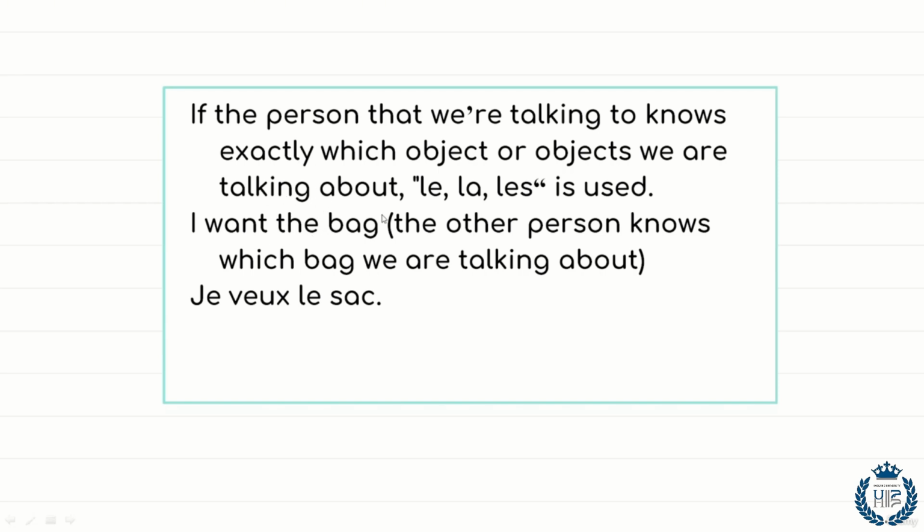I want the bag. I'm not saying I want one bag. I'm saying I want the bag. So there is a bag in particular we're talking about. When it's defined, just like in the name, l'article défini, it is a defined article. That's when we use le, la, les.